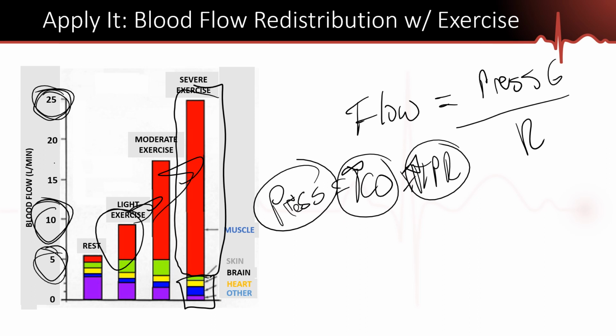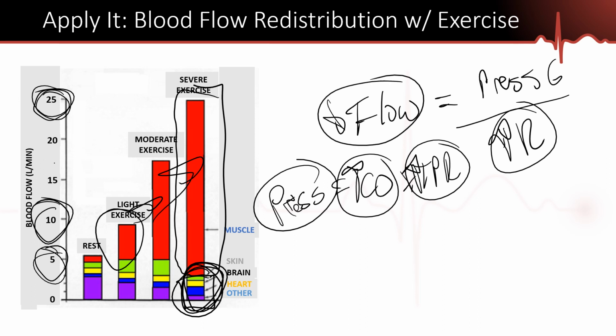The arterioles, let's say, leading to all these other organs are going to vasoconstrict. So you're going to get an increase in resistance in the arterioles leading to those organs, which is going to do what to blood flow, right? It's going to have a negative effect on blood flow, the increase in resistance.